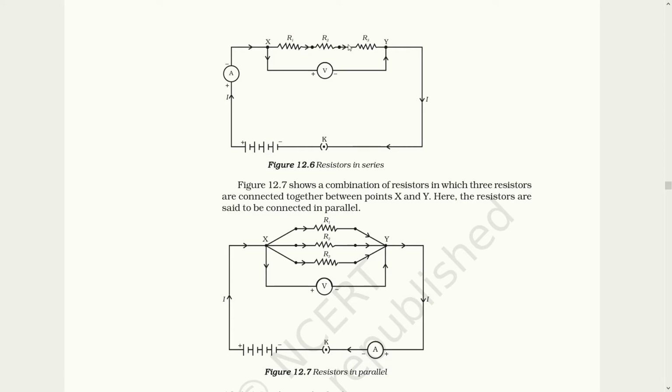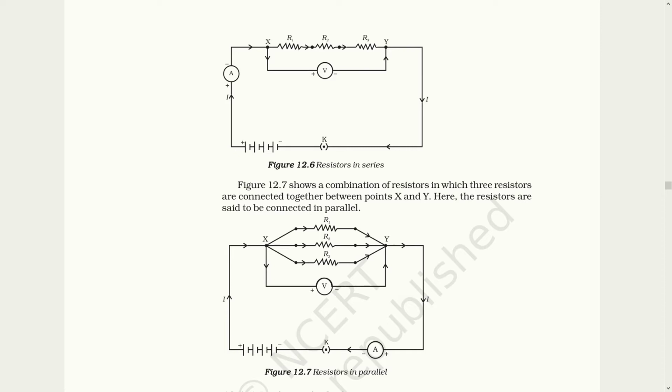It is not connected with the other point Y. Instead, the other point is connected with R2, and R2's second point is connected with R3's first point, while R3's second point is connected with the point Y, which is connected to the negative terminal of the battery. This shows the flow of electric current in series.